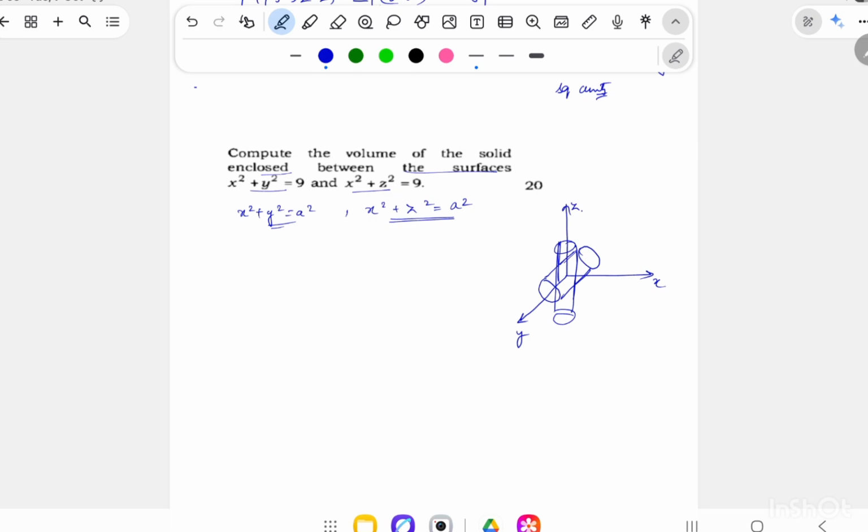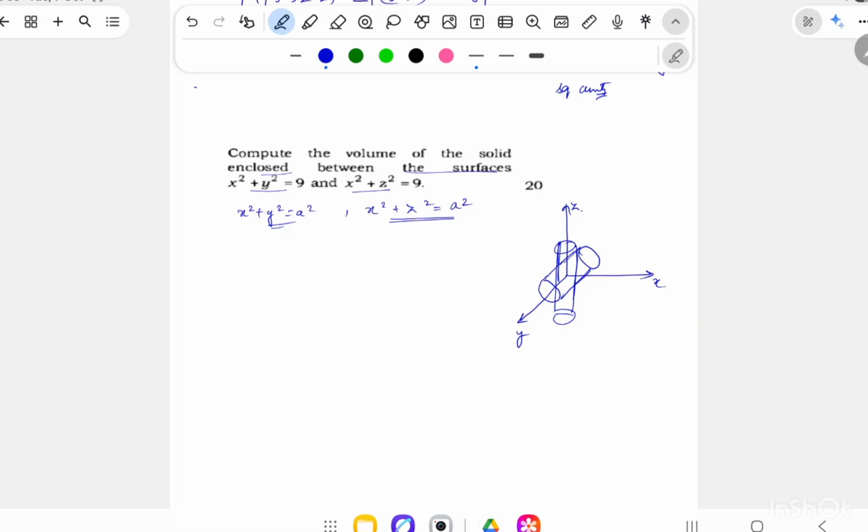Now we know that the cylinders are basically symmetrical around their principal axis, so it is okay if we just solve for the volume that lies in the first quadrant, where x, y and z are all positive, and then we can just multiply it with 8 in order to get the whole volume.